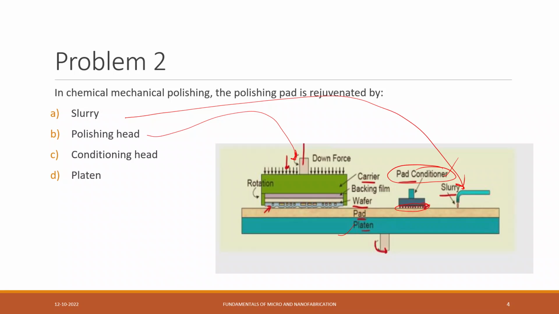So this pad conditioner has diamond spikes. When it's rotating, they remove the deposited materials, and then the pad is good to go for another round of polishing.